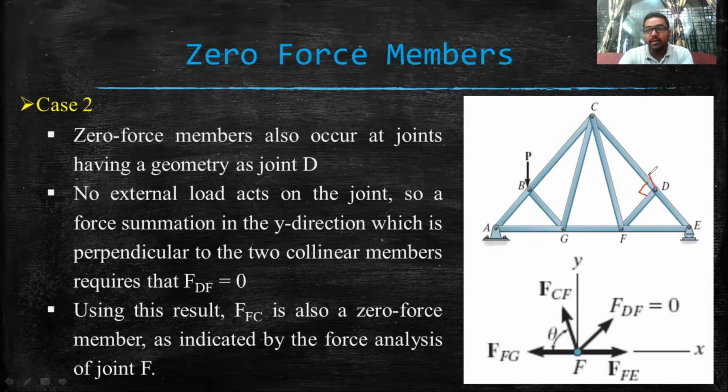If we draw the free body diagram of joint D, there will be one force in this direction, another member force in this direction, and another member force in this direction, and the internal angle between the member force DF and the member CDE is 90 degrees.